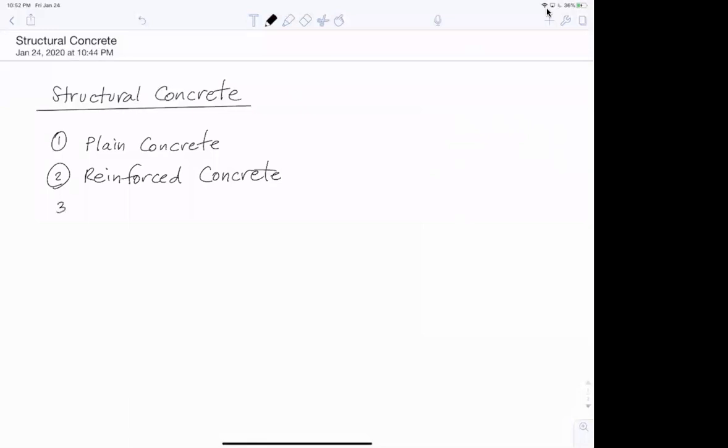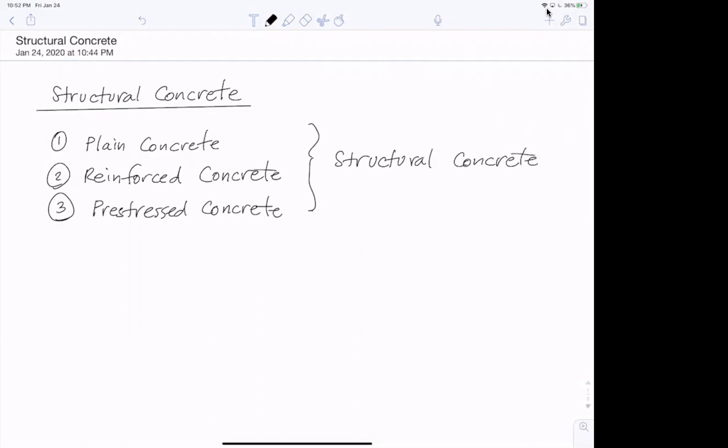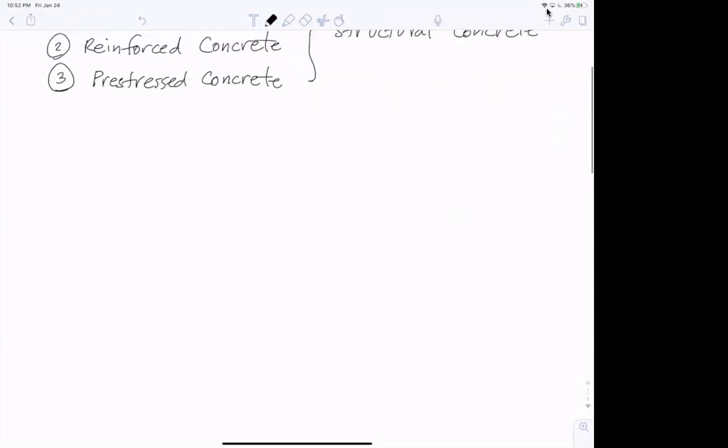And then in the fall, hopefully we'll be able to offer pre-stressed concrete. And together, these three things encompass structural concrete. So let me talk about each of these three things in turn. So plain concrete.